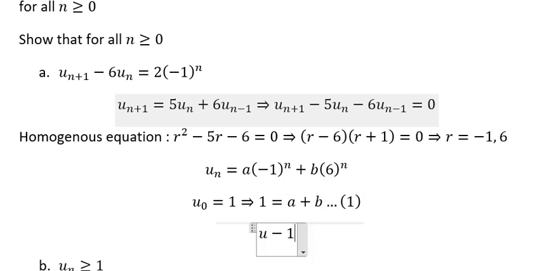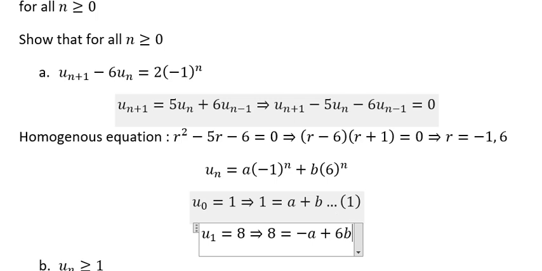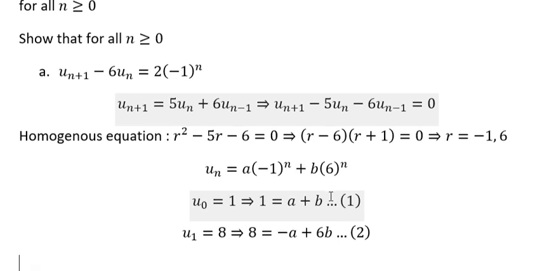Now U1 is equal to 8. What does this mean? This means that 8 is equal to, replace n with 1, negative a plus 6b, equation 2. Now solve the 2 equations simultaneously for the values of a and b.